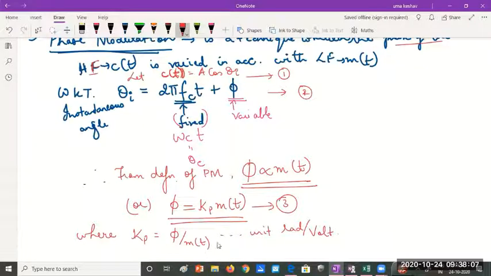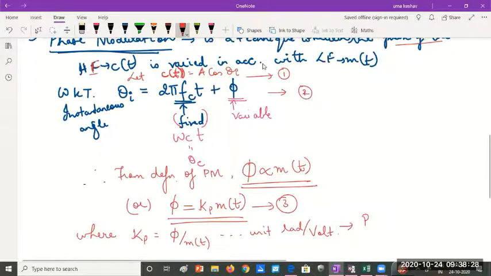So what do we call this term? The change in angle with respect to change in the message voltage, the amplitude of the message we say. So it is the amplitude of the message which causes change in the phase angle of a signal.